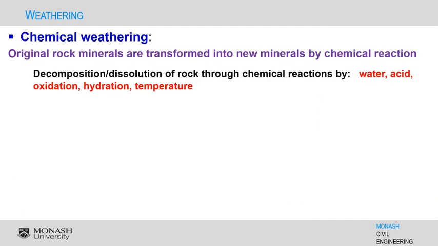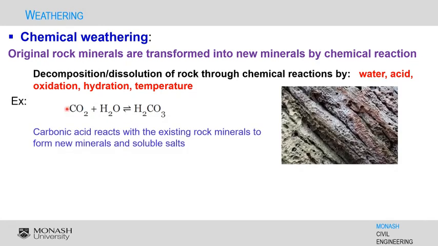In chemical weathering, original rock minerals are transformed into new minerals by chemical reaction. For example, water and carbon dioxide from the atmosphere form carbonic acid, which reacts with the existing rock minerals to form new minerals and soluble salts.